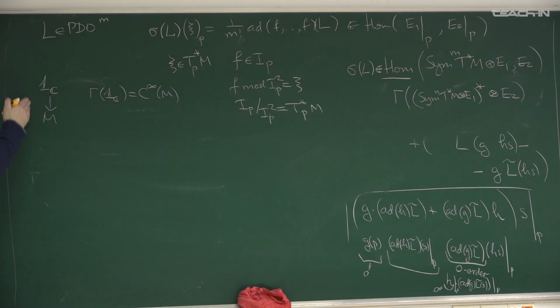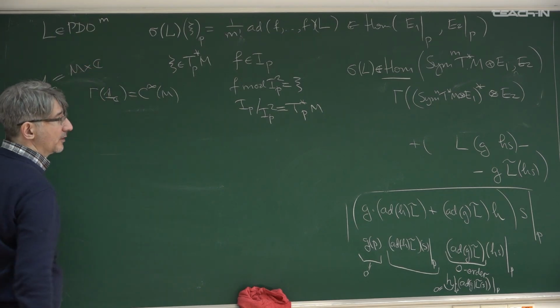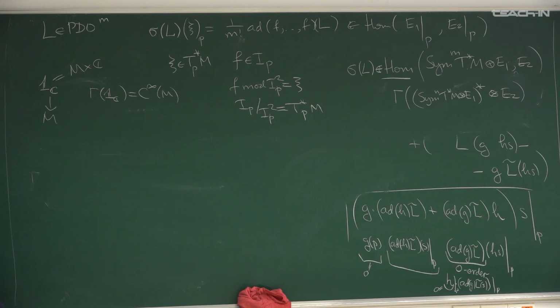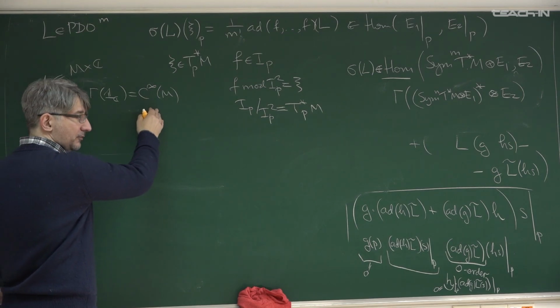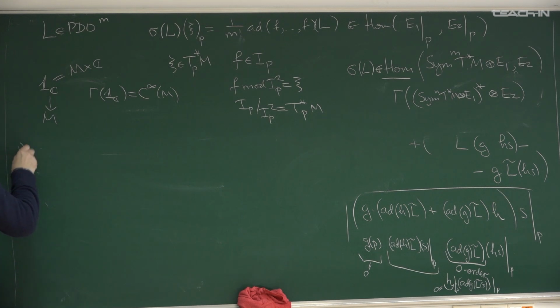So sections of a trivial one-dimensional vector bundle, which is M cross C, are the same as just smooth functions on M. Well, and I want to consider a differential operator which acts on the sections of this vector bundle, so a differential operator on smooth functions. We consider a simple case. Maybe I will not write M here.